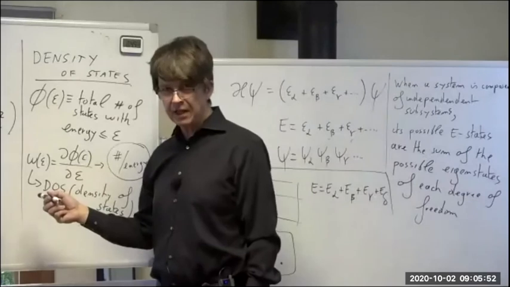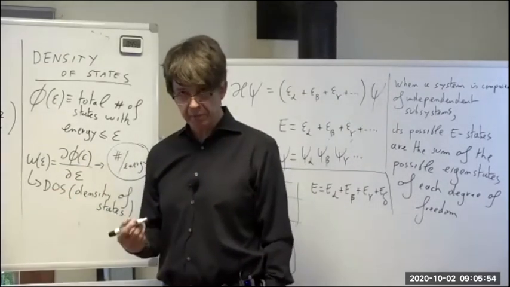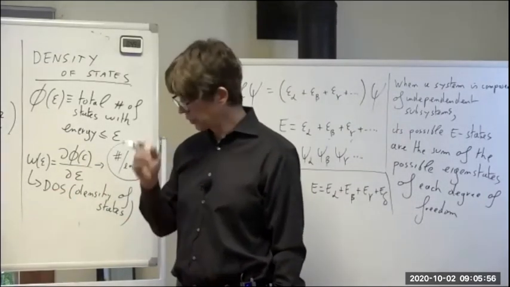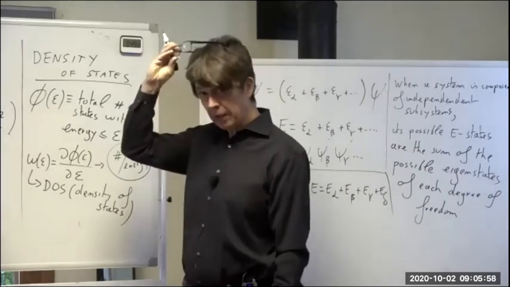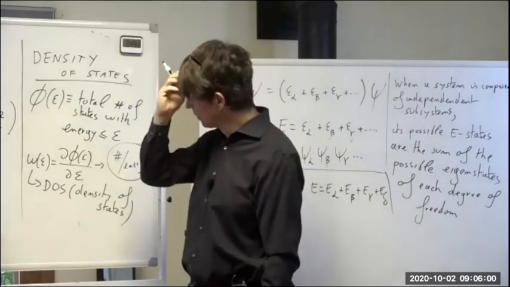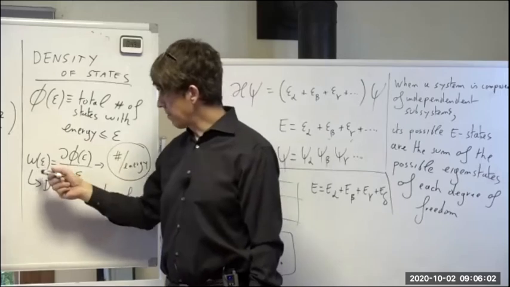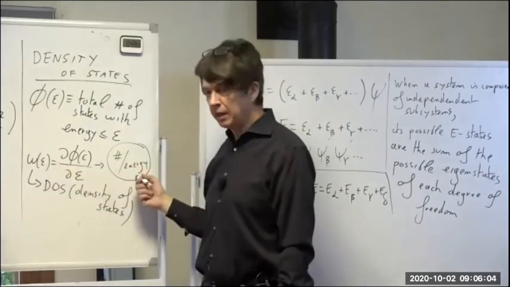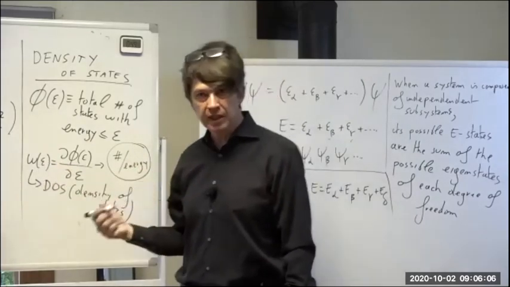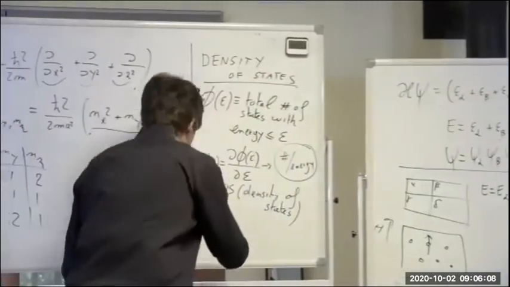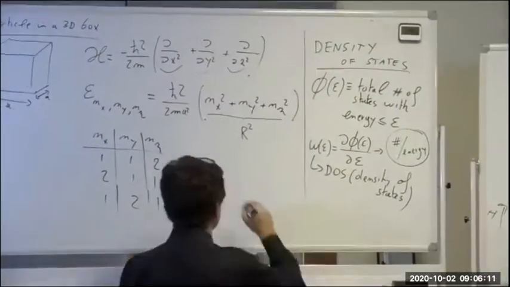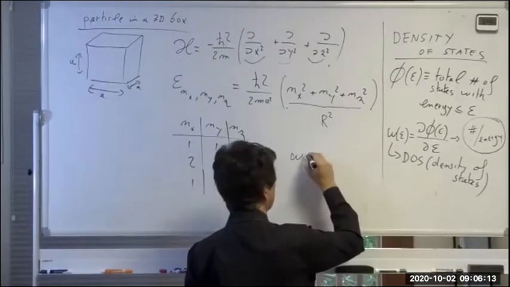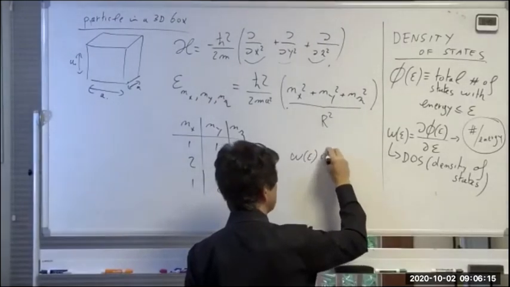Density of states and degeneracy and multiplicity are often sort of confused, and I'll be honest with you, I confuse them sometimes too. But this is a measure of number per unit energy. So if you want to know the states in a certain energy range, what you would have to do is take omega of epsilon times d epsilon, right?